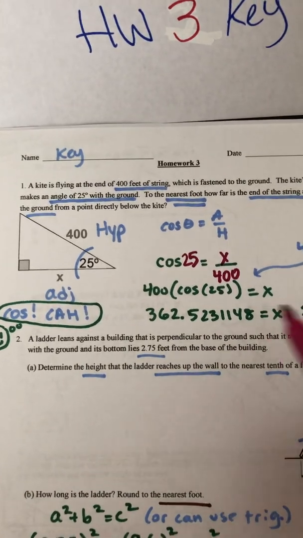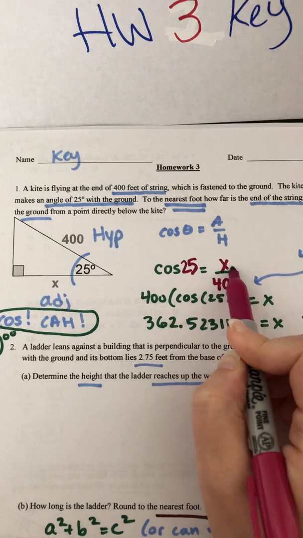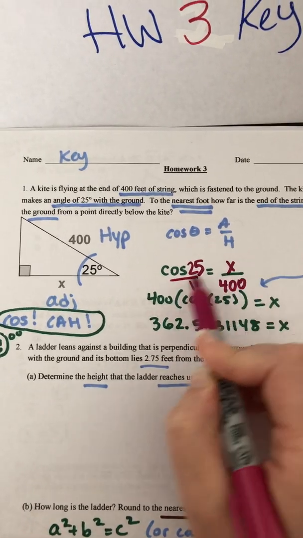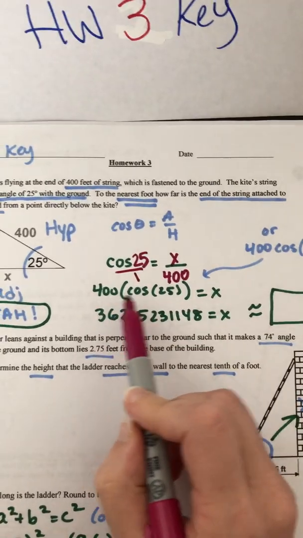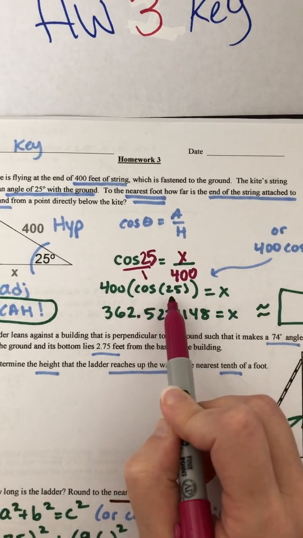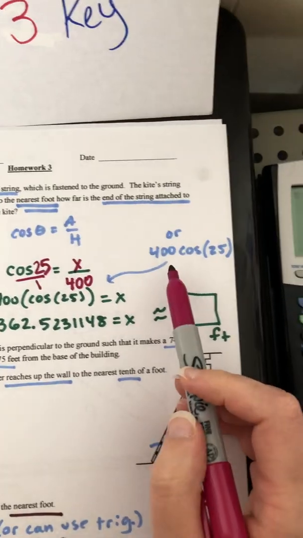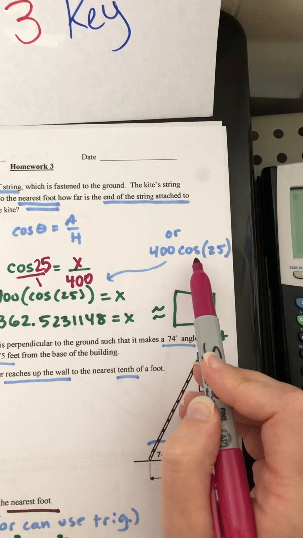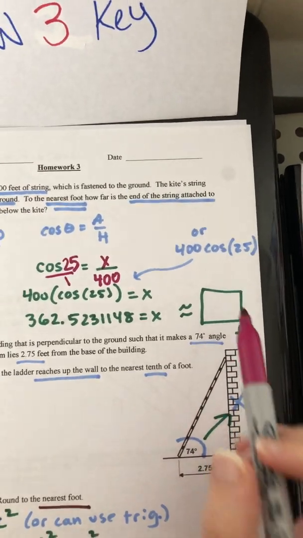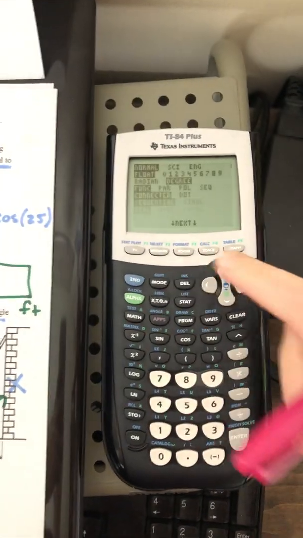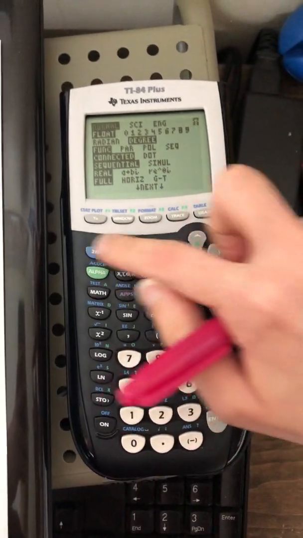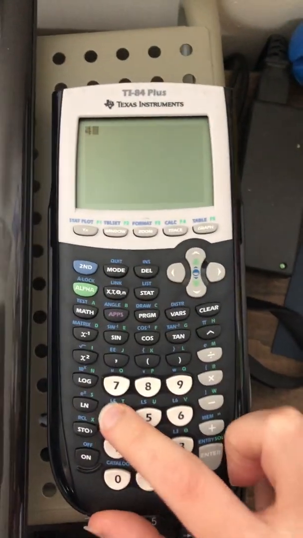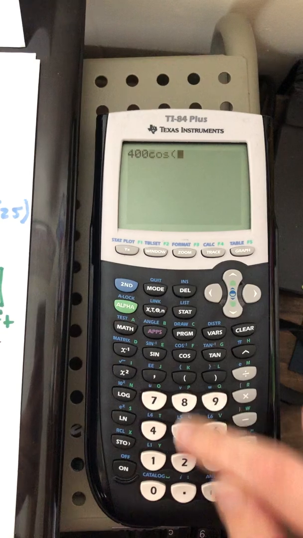Now, when you take a look at your cross multiplying, because you're looking for a side, you put it over 1, and you cross multiply. Now you can write it as 400 times cosine parentheses 25, or a little bit more simplified, 400 times cos 25. Now on the graphing calculator, please make sure your mode is on degree, and then we would type in 400 cos 25.